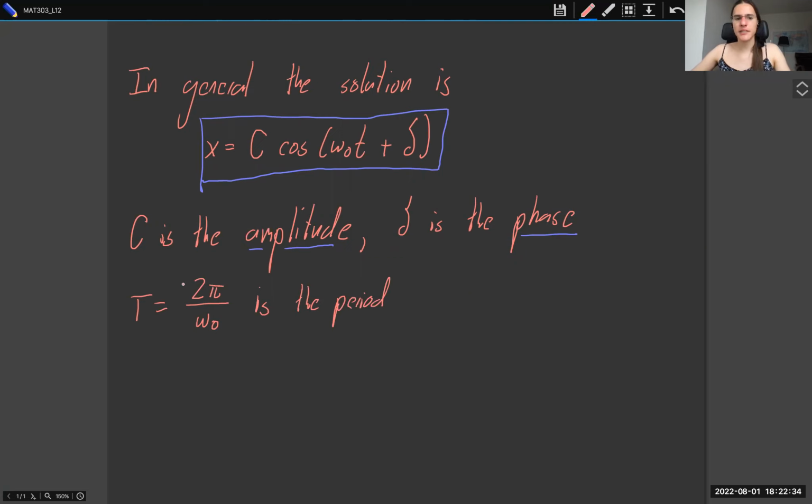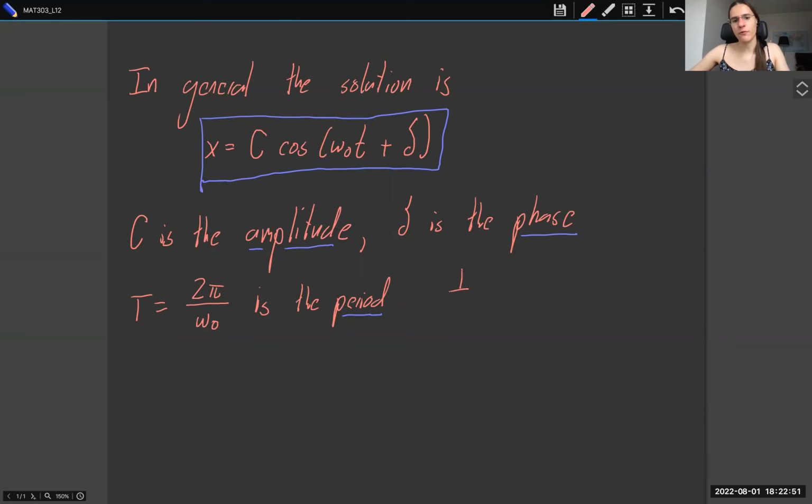If T is measured in seconds, this would be how many seconds it takes to go around once. In other words, it's measured in the same unit as time.